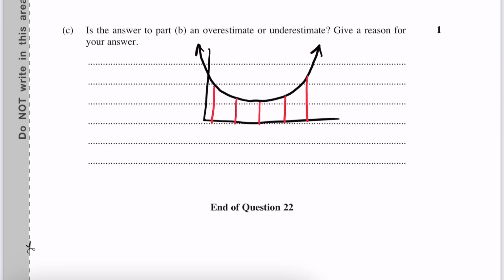Essentially we're just connecting the dots and using trapeziums in this sort of exaggerated way. What you can see is we have these little sections, which I'm going to do in green, which we are overestimating. And that's what happens when it's concave up.